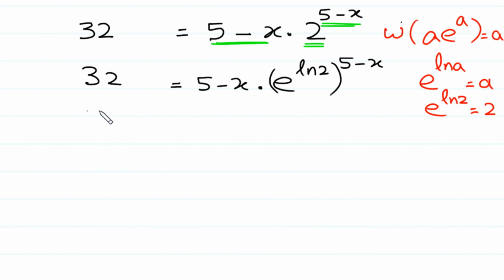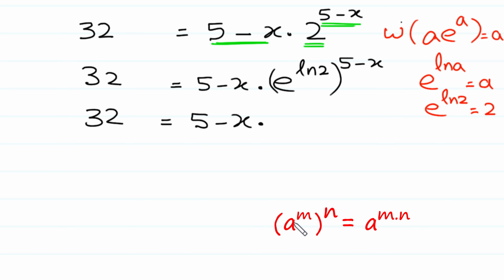Next, 32 is equal to 5 minus x times, according to the rule of exponents, a to the power m to the whole power n is equal to a to the power m times n. This power ln of 2 will be multiplied by this power 5 minus x. Like this, e to the power ln of 2 times 5 minus x.